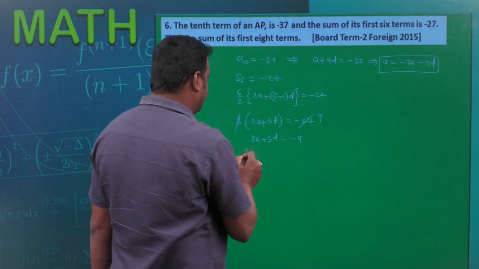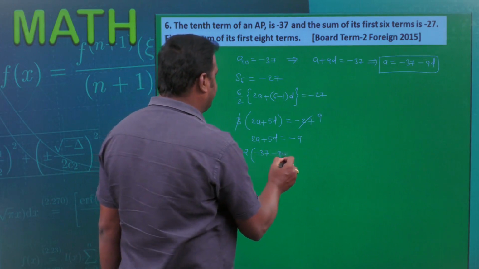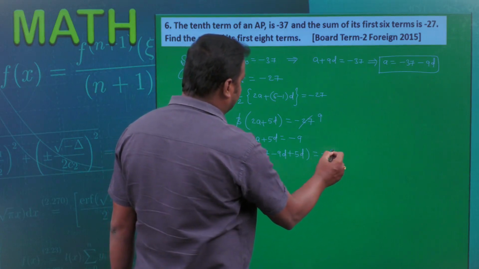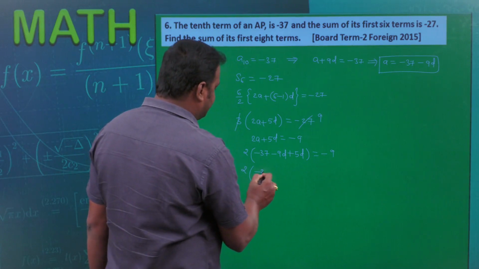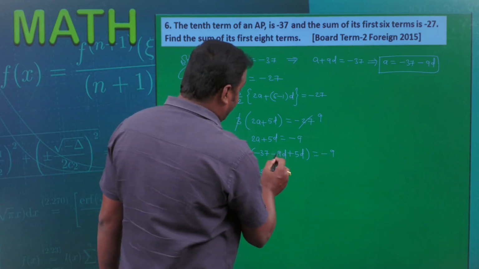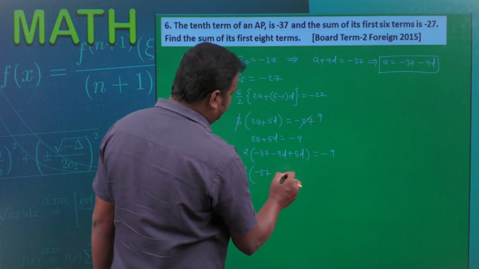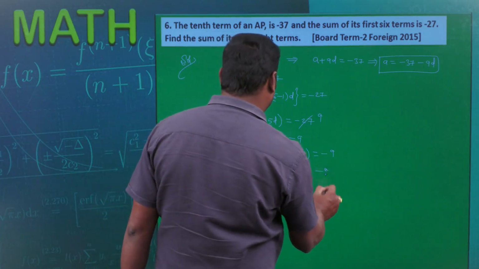When you substitute here, 2 into minus 37 minus 9d, and this is plus 5d is equal to minus 9. So 2 times minus 37 minus 9d plus 5d is equal to minus 9.